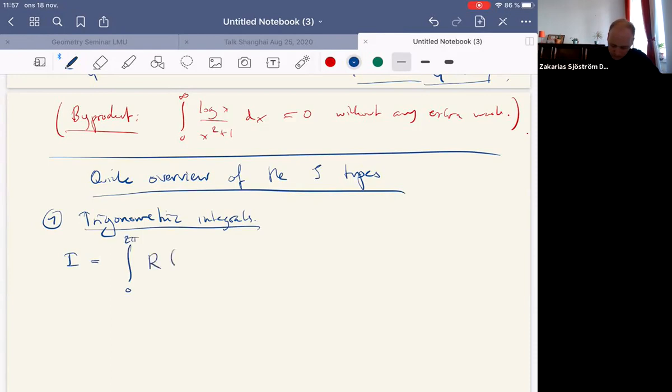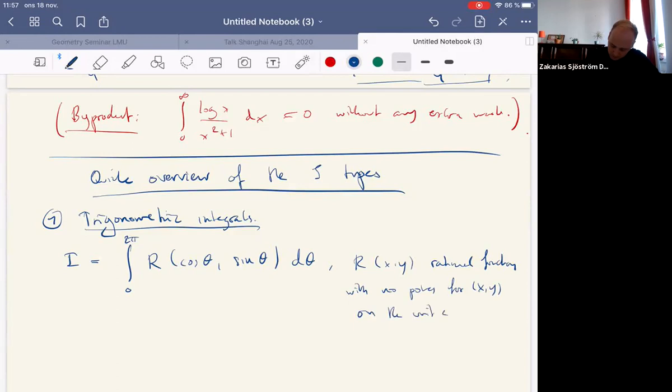So of this form, R of cosine theta, sine theta, d theta, where R of x, y is a rational function with no poles for x and y on the unit circle in R2.